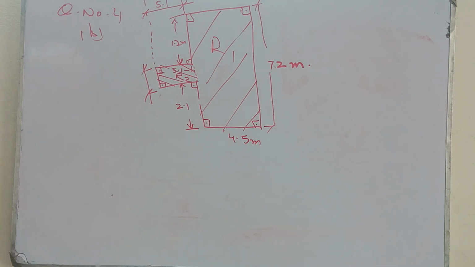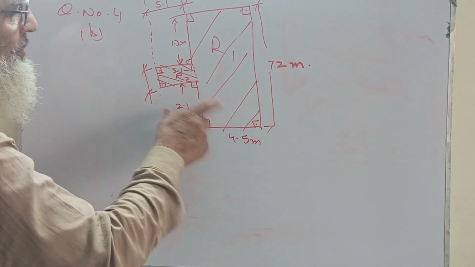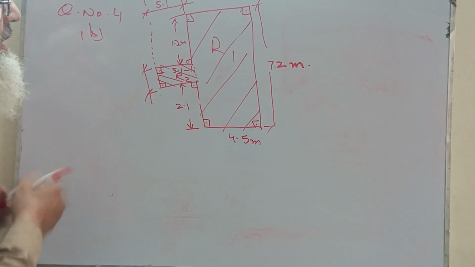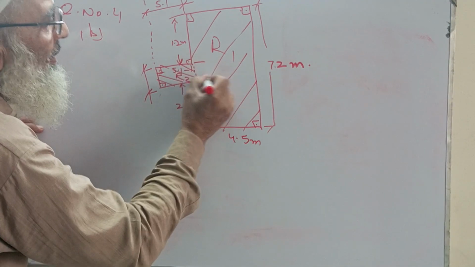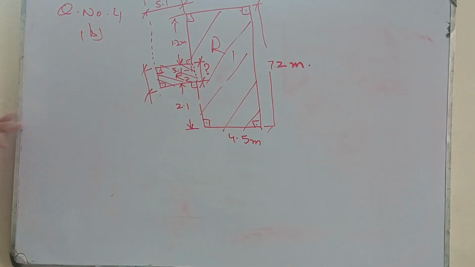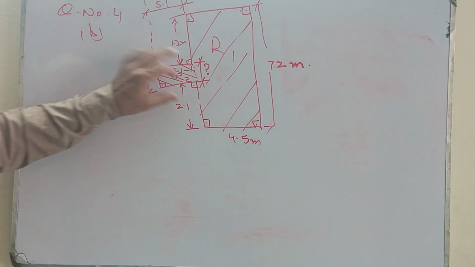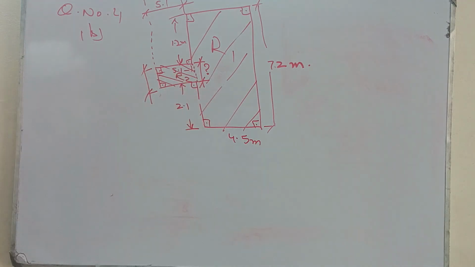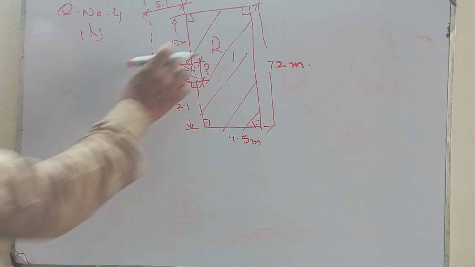Since this is 4.5 and this is 7.2, but this measure is not given, we have to find this measure, these broken dotted lines.